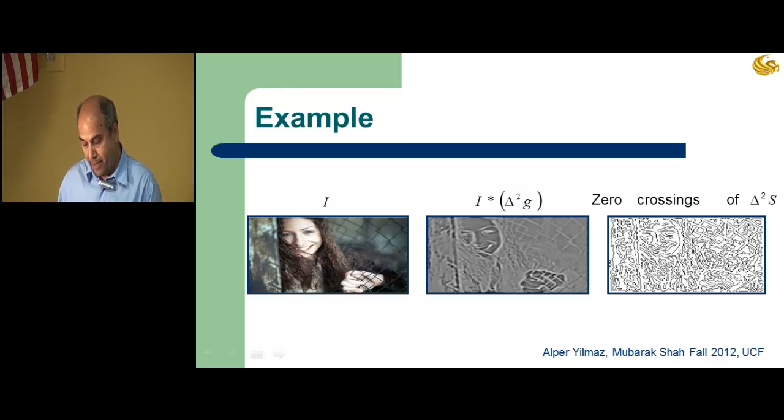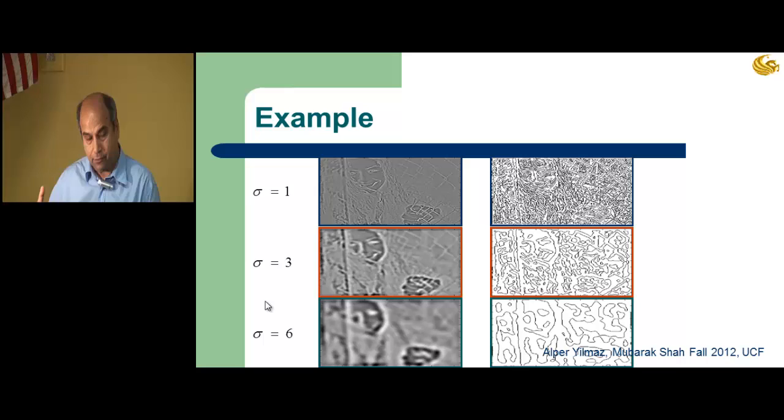This will give you some idea about where the edges are in this image. And of course it depends on the sigma value. These are the different outputs at sigma 1, sigma 3, sigma 6, and these are the zero crossings at those. This sigma is also called the scale, and we'll talk a lot about that throughout the course.